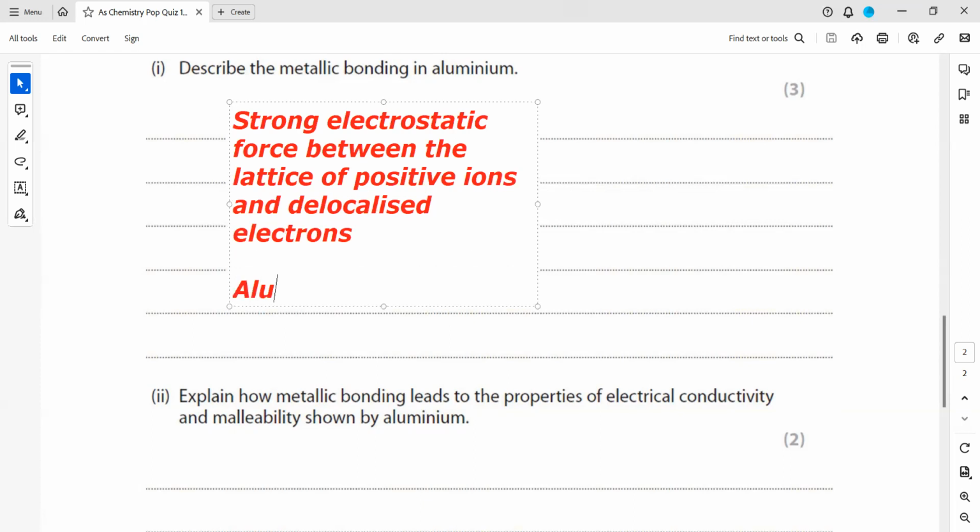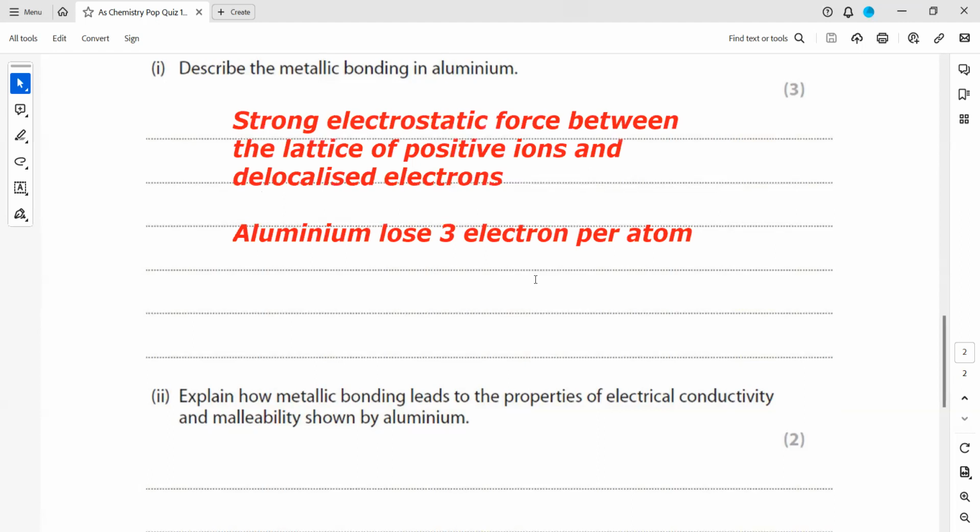Aluminium loses 3 electrons per atom. So if you have one aluminium, it will lose 3 electrons, as it belongs to group 3.